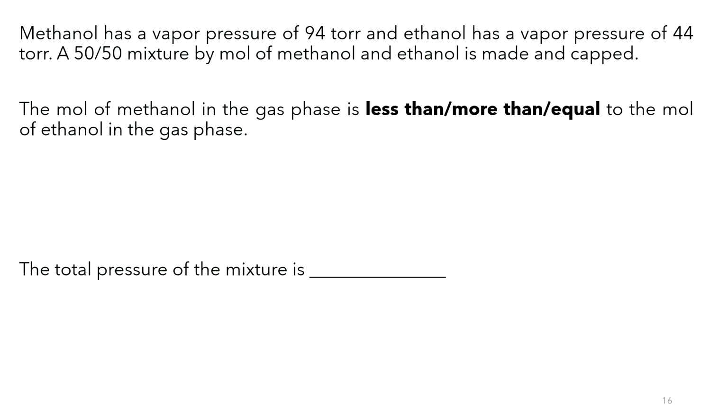So I make a 50-50 mixture by mole, so 0.5 mole fraction of each, and then I ask you these two questions. The moles of methanol in the gas phase is less than, more than, or equal to the moles of ethanol in the gas phase.